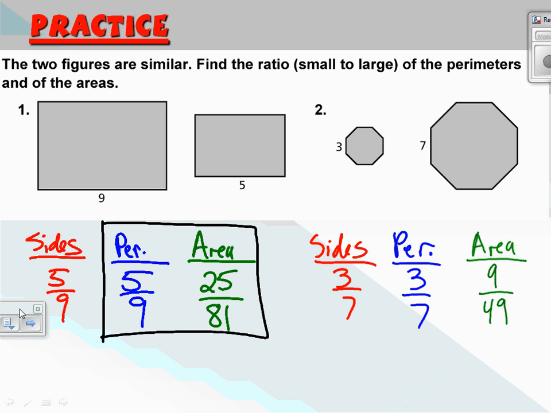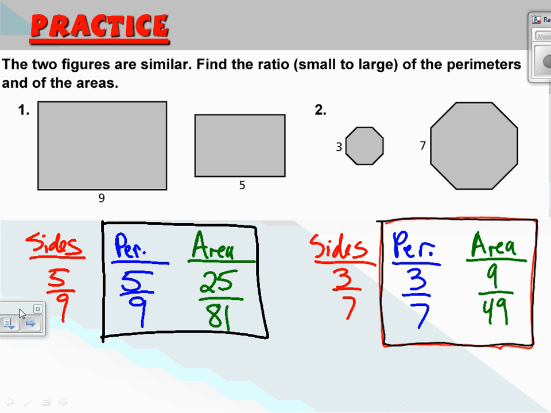No, it can't. So that's the answer, guys. The ratio of the perimeter is 3 to 7. The ratio of the area is 9 to 49. That's it. Okay, let's go to the next example.